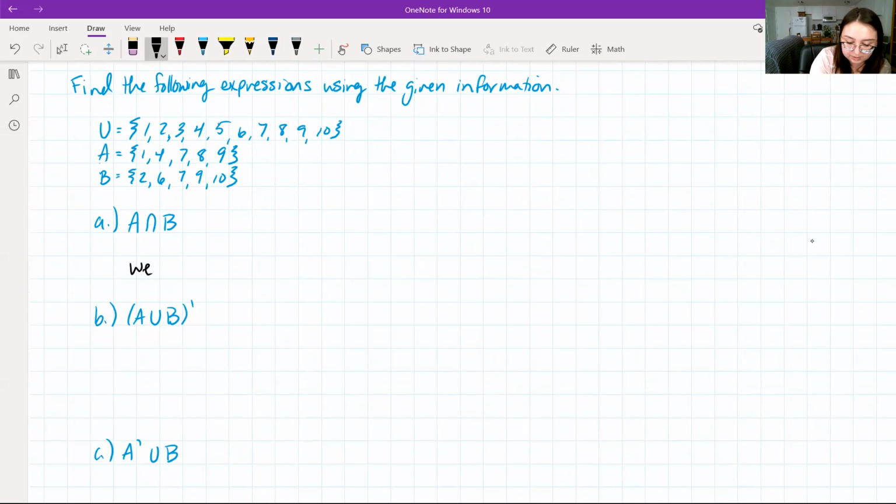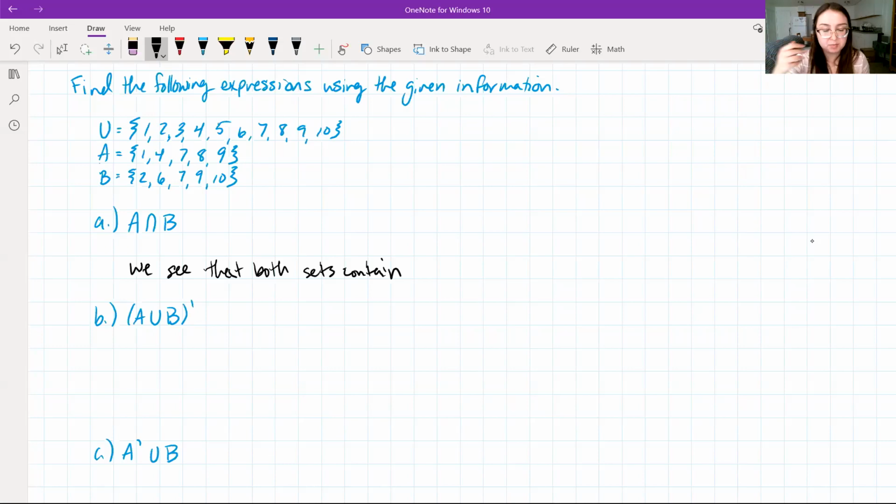So we can say we see that both sets contain, and if we look here, we can look at A, which we see is 1, 4, 7, 8, 9, and B, which is 2, 6, 7, 9, 10. So if we're looking, we see 1 is in A, but not in B. 4 is in A, but not in B. 7 is in A, and 7 also is in B, so we can write that down.